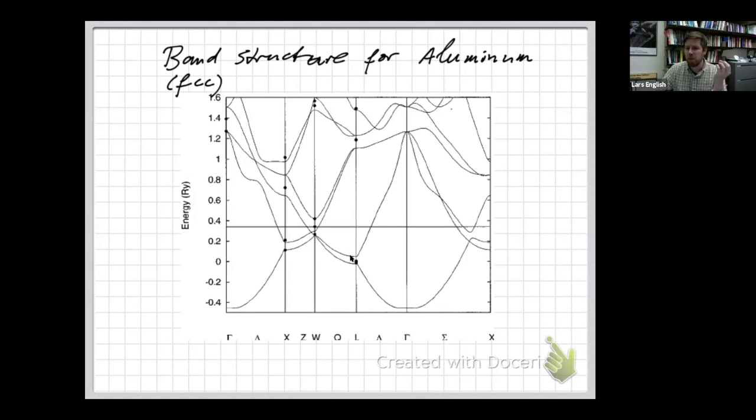unmistakable resemblance. And this is why sometimes it is useful to start with the free electron band structure, going along with a particular crystalline structure, FCC in this case, because then it informs what we're actually seeing. These curves here can be generated using sophisticated models where you turn on the lattice.